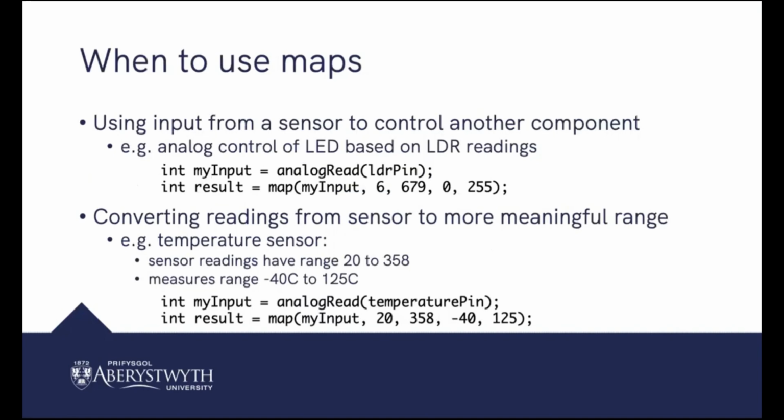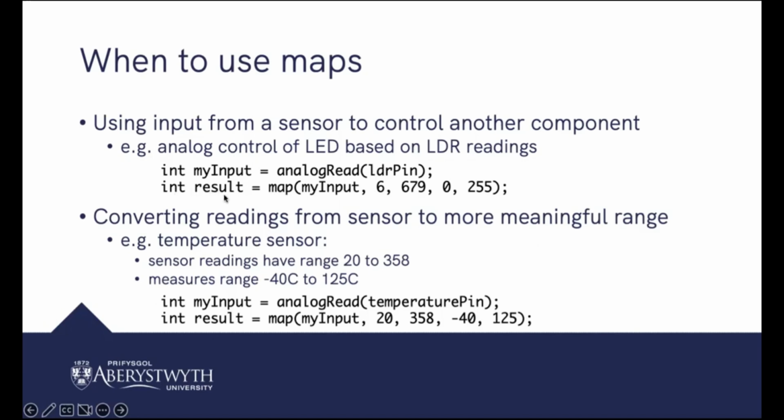So what would that look like? Well, for the LDR, we've already said what the ranges are, but we could write it here. My input equals the analog read from my LDR pin, and I'm going to use a map to take that input. I've got the ranges for the LDR, and I'm going to map it onto the LED range, and I'm saving the return value from that map into my variable.